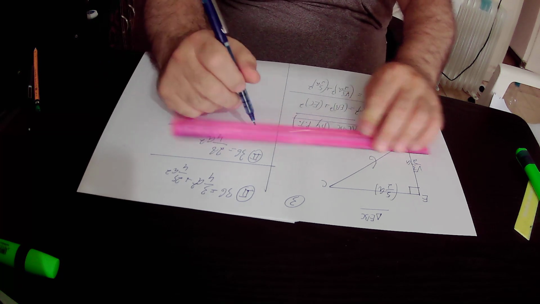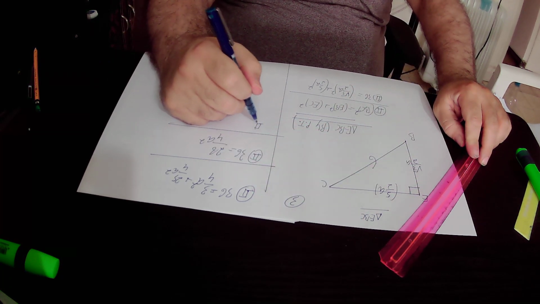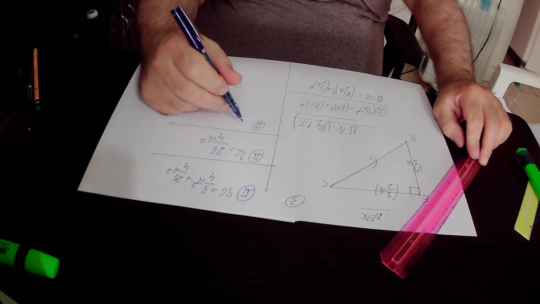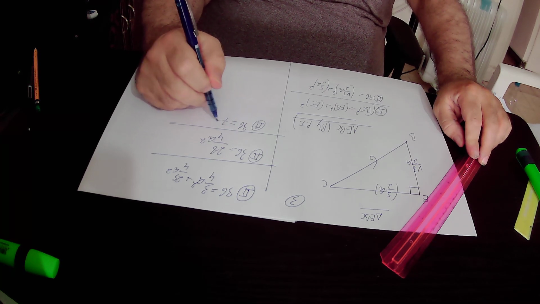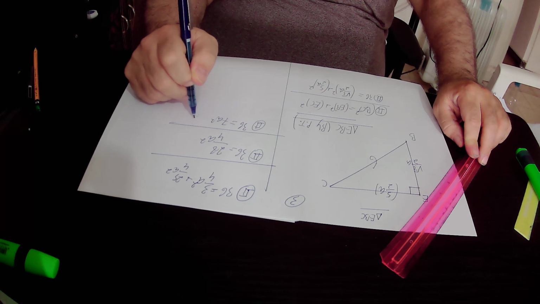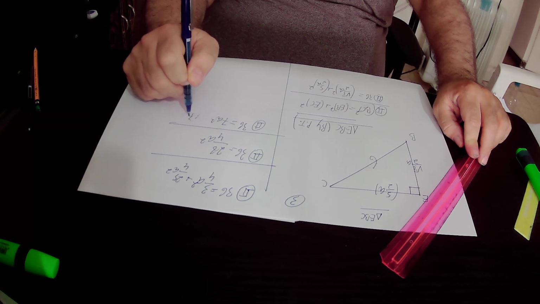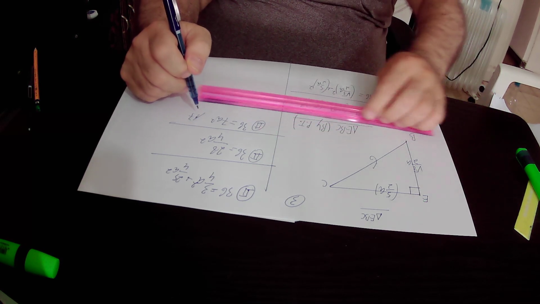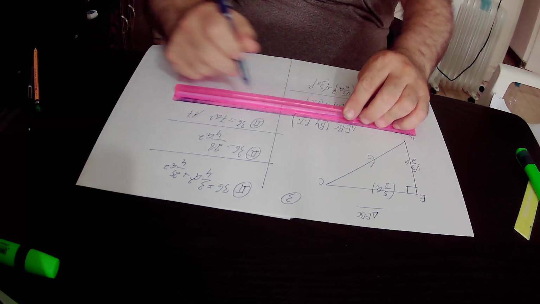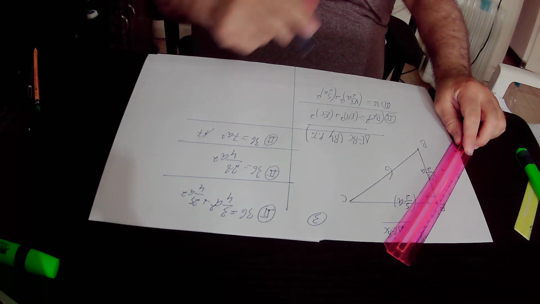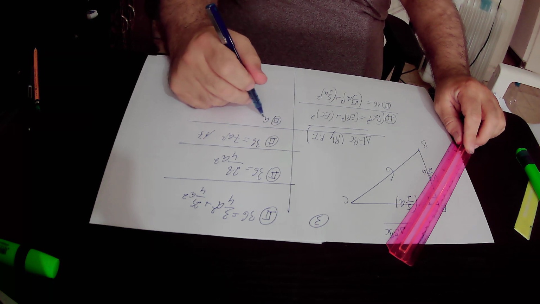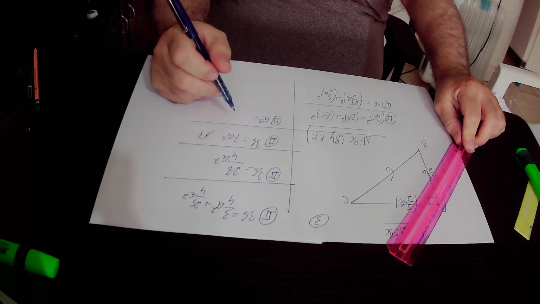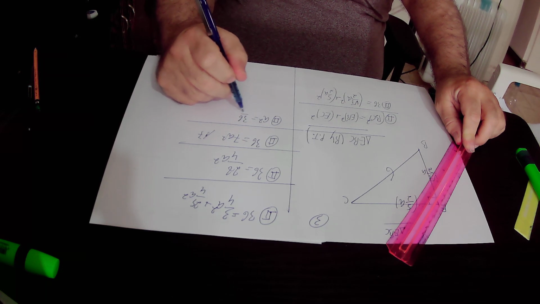So here we will get that 36 equals 28 over 4, which is 7, so it is 7A squared. We divide this equation number 2 by 7, and we get that A squared equals 36 over 7.